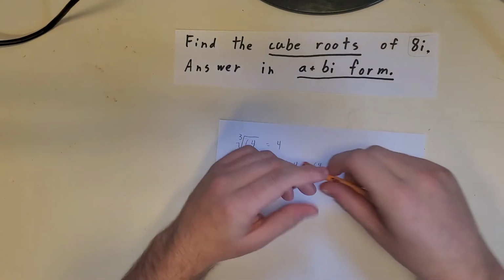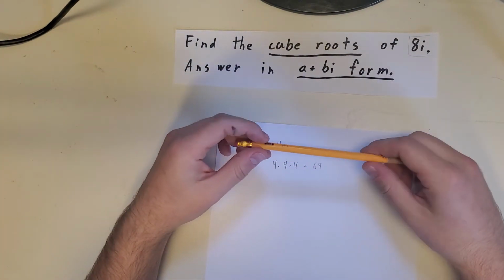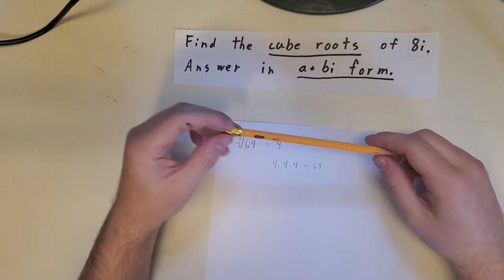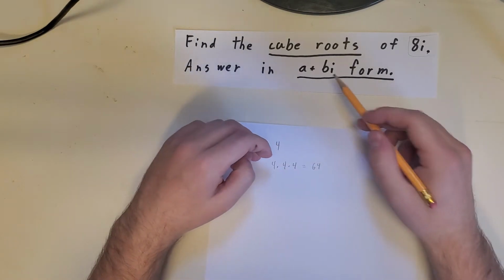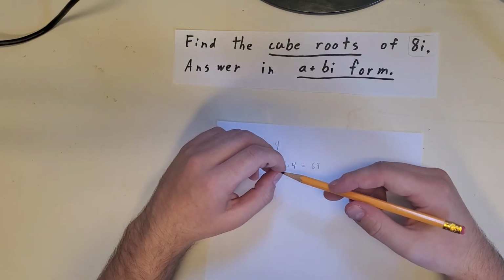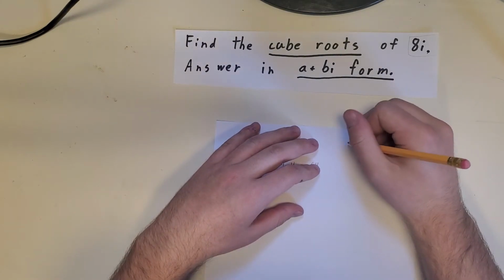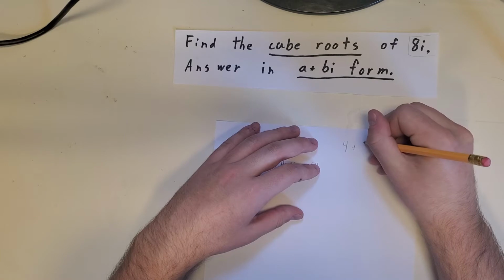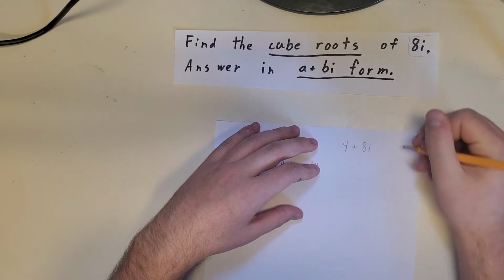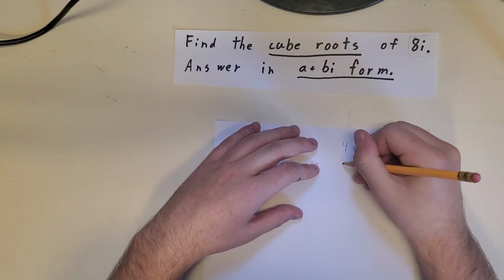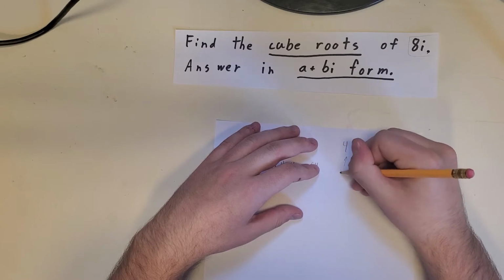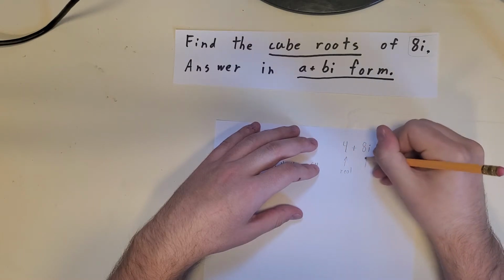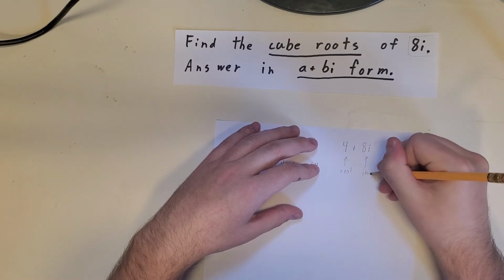A plus bi form is the next piece of terminology. If you've dealt with complex numbers at all, you're probably mostly operating in this style where you have a real number plus a number with i as the coefficient. That's right. So this is the real portion here, and then this is the imaginary side of the expression.